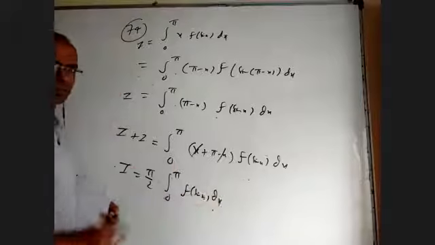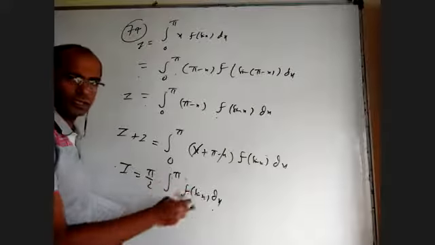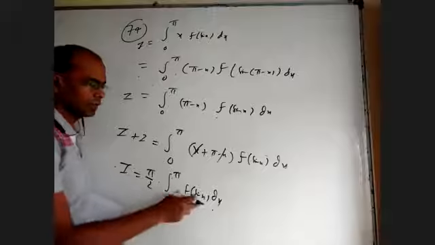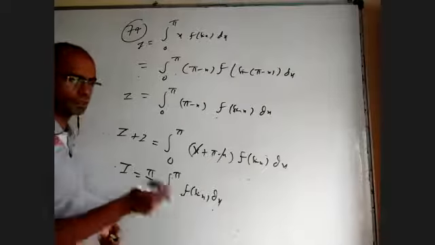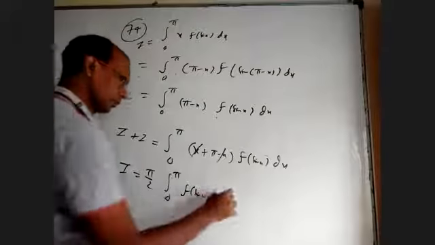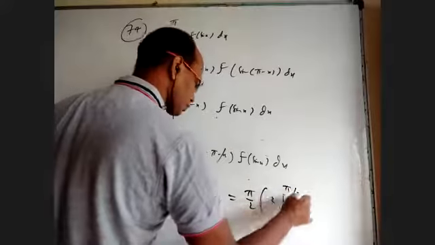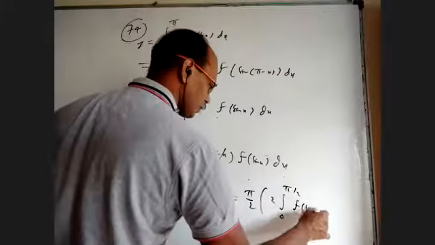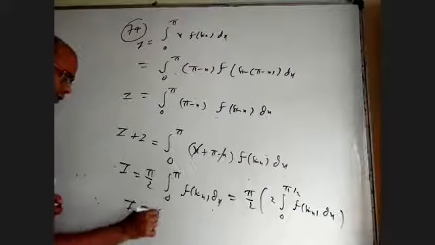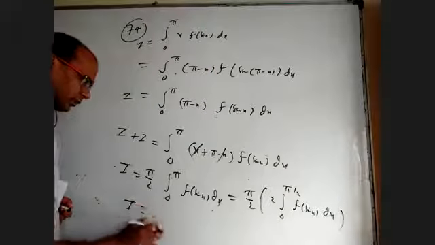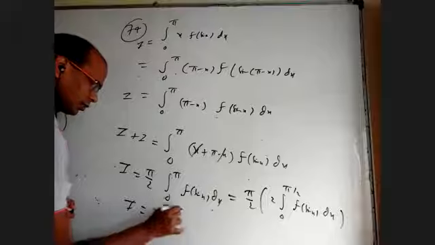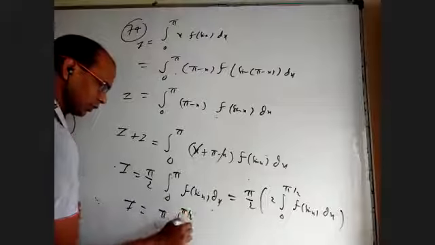But in this, if I replace x with pi minus x, no change. If there is no change, then 0 to a f of x can be written as 2 times 0 to a by 2. So pi by 2 into 2 times 0 to pi by 2 f of sin x. 2 will cancel, so we'll get pi times 0 to pi by 2 f of sin x.